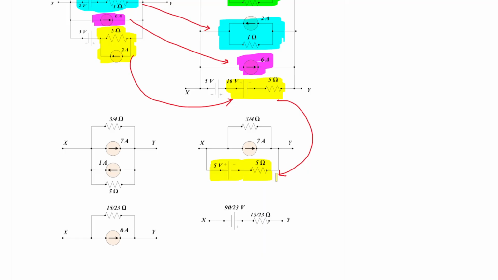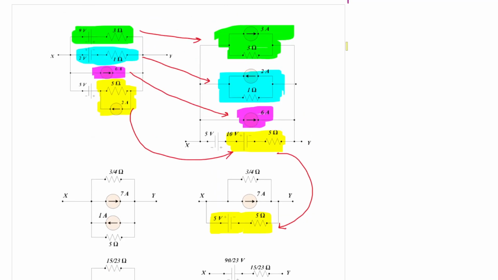From there onwards we have got this result, shaded by green, that is 3/4 ohm in parallel with 7 ampere current source.